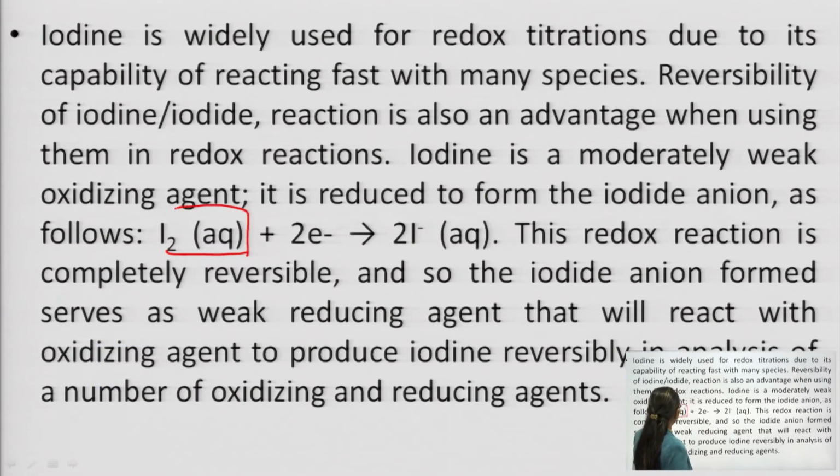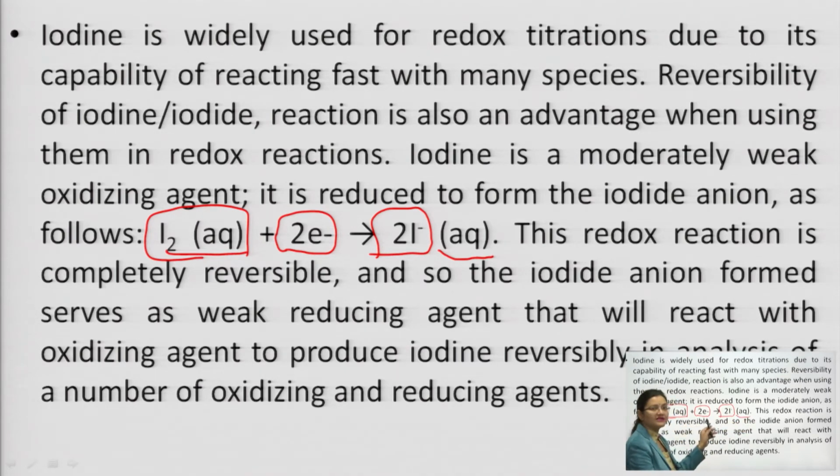You can see here very well that in bracket aq is written, which means it is an aqueous solution of iodine. It reacts with 2 electrons from the medium and gets itself reduced to 2 ions of iodide, in aqueous form.